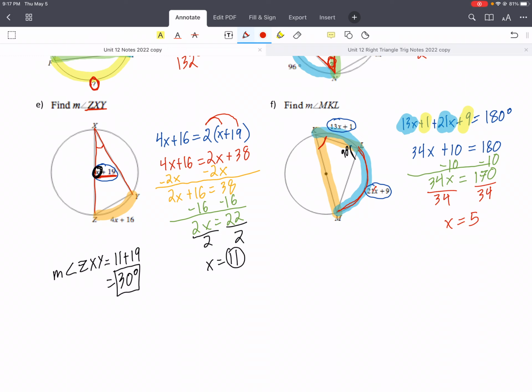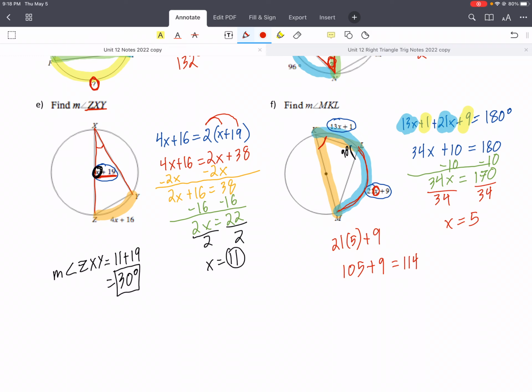So we gotta take our x and plug it in. So we got 21 times 5 plus 9. 21 times 5 is 105. Then we got to add 9, which gives us 114.